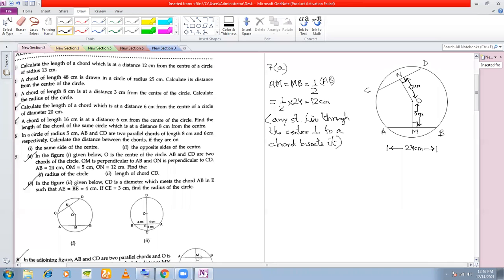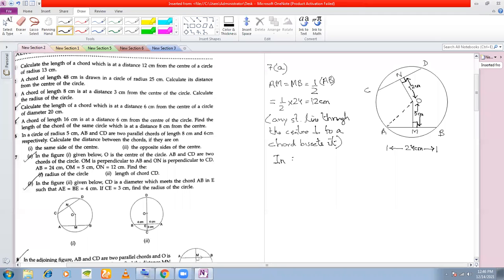Now, in order to find out the radius, you join OA. So OA will be your radius. The right angle triangle OMA is formed, with OA as the hypotenuse, OM as the perpendicular and AM as the base. We know the length of AM and OM also, so we can find out OA from Pythagoras theorem.